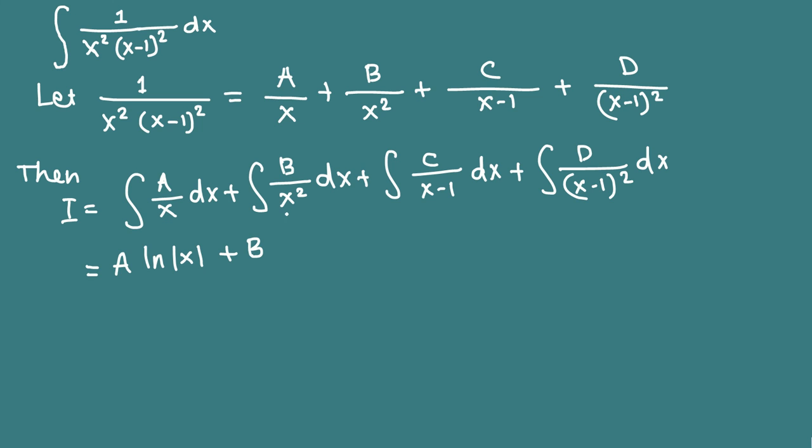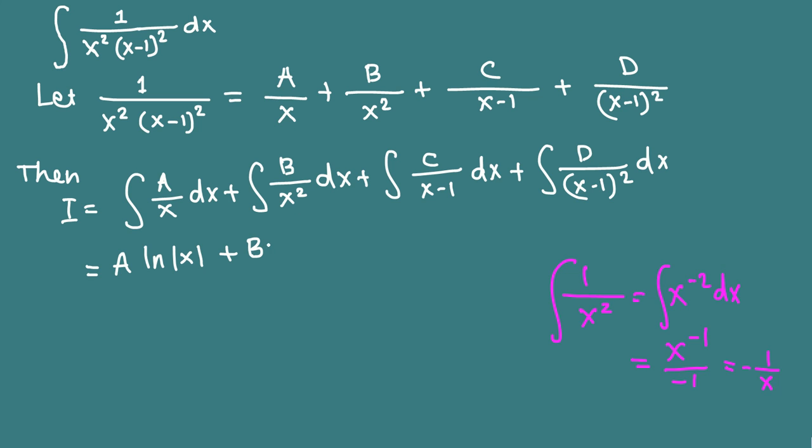When we pull 1 over x square to the top, it becomes x to the negative 2, and using the power rule, x to the n plus 1 divided by n plus 1, we get negative 1 in the front, x raised to negative 1, which is the same as 1 over x, so negative 1 over x.